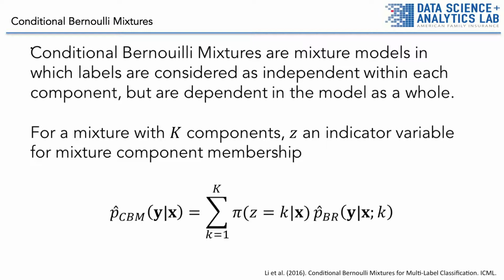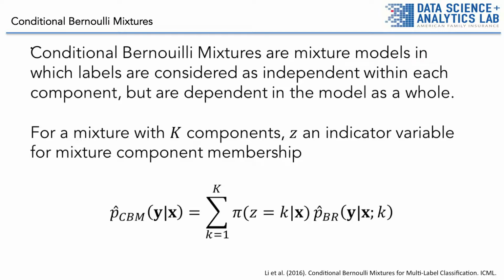All right, so the last method I'm going to talk about that involves problem transformation is something called conditional Bernoulli mixtures. And these are mixture models. The basic idea is that you're going to do a soft assignment of your input instances to a cluster or to mixture components.